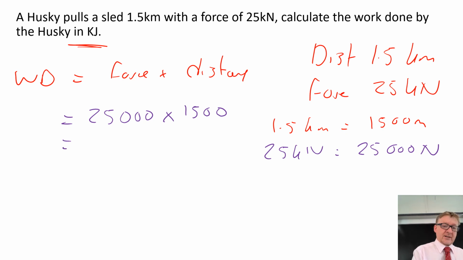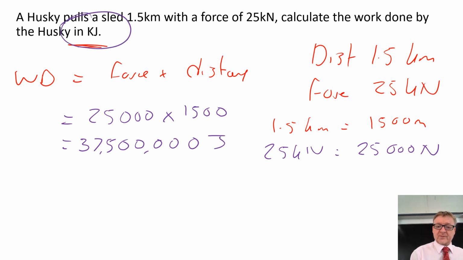That comes out at 375,000,000. I like putting little commas in there for every thousand. Calculate in kilojoules. So that is joules. So what we do then is we divide by 1,000, which is 37,500 kJ.